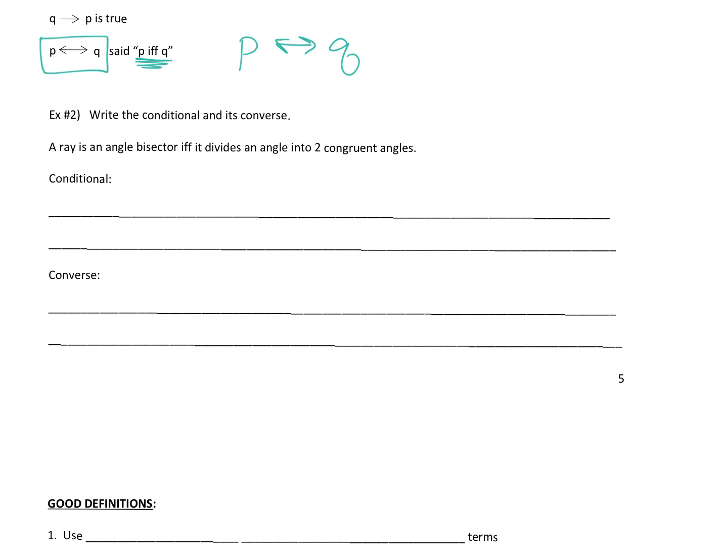But moving forward. So for this, you would say a ray is an angle bisector if and only if it divides an angle into two congruent angles. What is one conditional statement that you can write from that? Go ahead, Sebastian. If a ray is an angle bisector, then it divides an angle into two congruent angles.